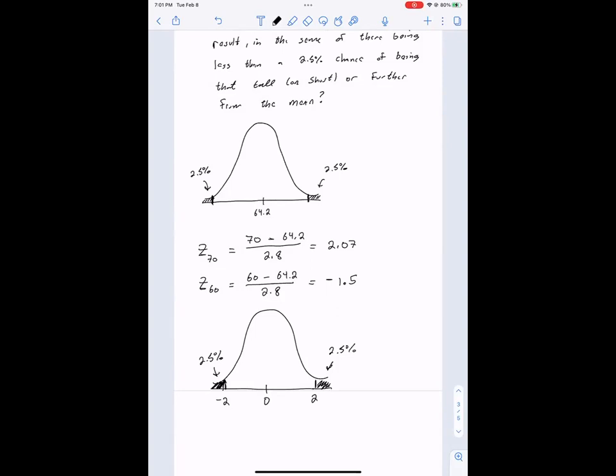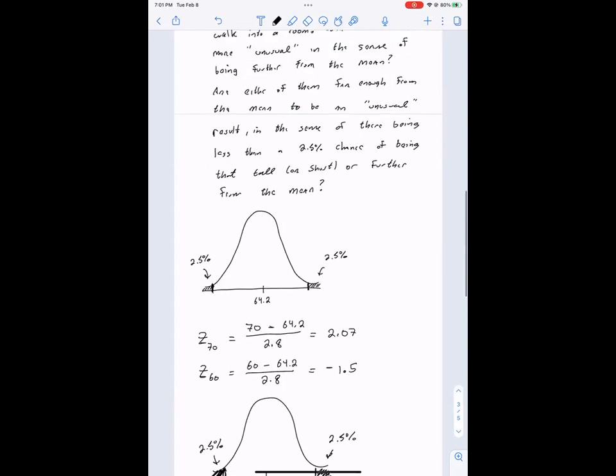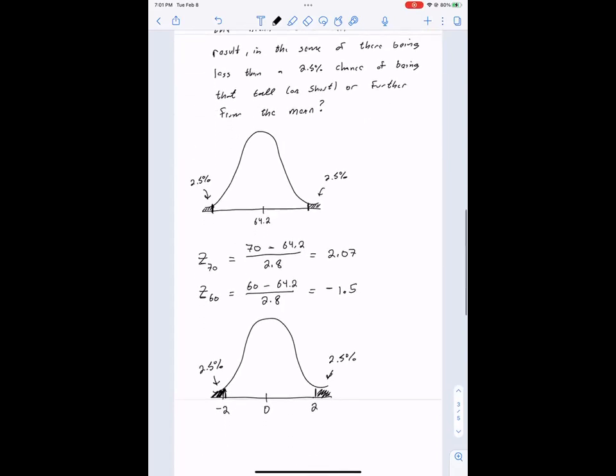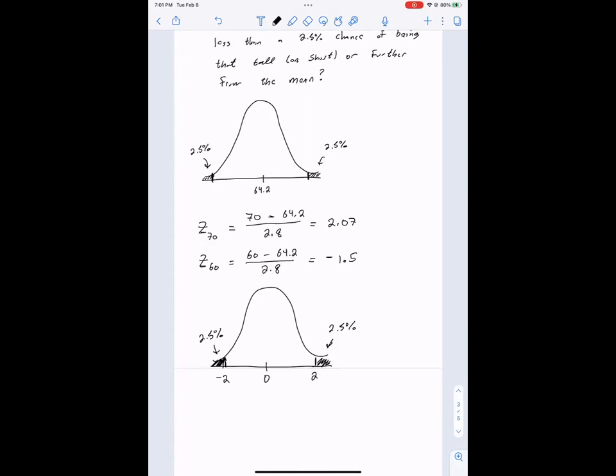No, 99.7 is the terminology for almost all. But when we talk about something unusual, we usually mean the inside 95% is a usual result, and there's a 2.5% chance of being past it. We usually consider the 2 deviation cutoff to be unusual.